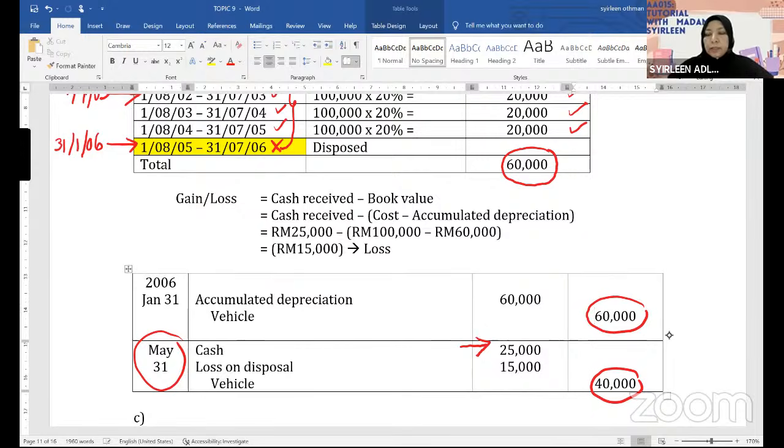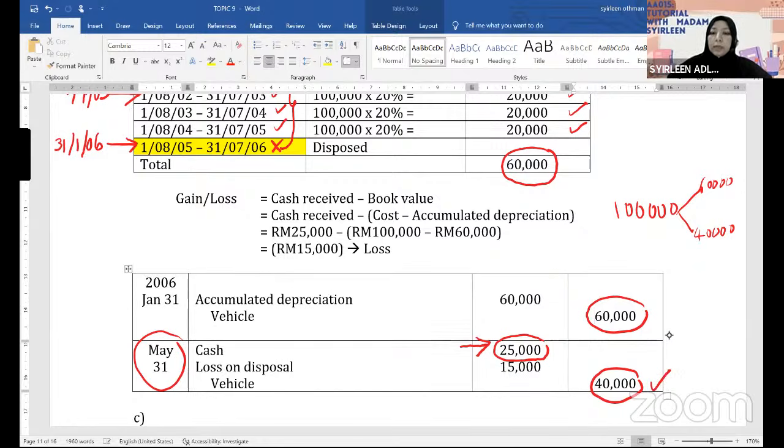So maksudnya, your vehicles tadi that 100,000 will be divided into two amounts lah. One is just subject to closing the accumulated depreciation. And the second amount is to close the balance of the asset. So at the same time, you can declare your loss ataupun your gain on disposal based on your compensation amount tadi. So saya akan tutup balance 40,000 tu pada 31st May.